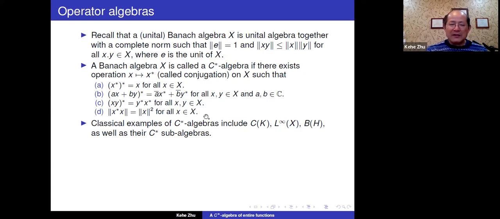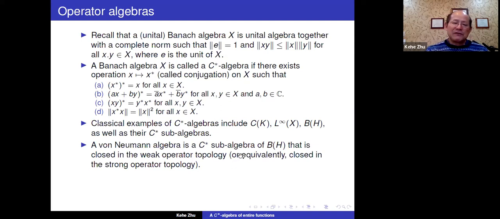They all satisfy the four axioms. The main difference is that C(K) and L infinity are commutative C-star algebras, and B(H) is a non-commutative C-star algebra.